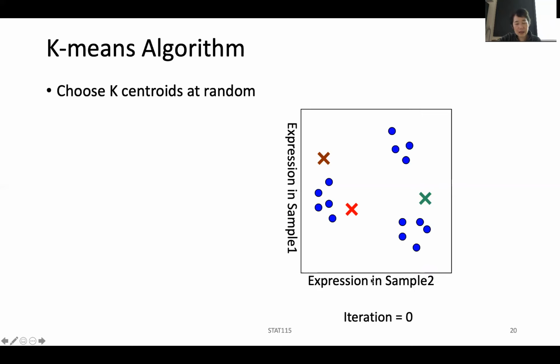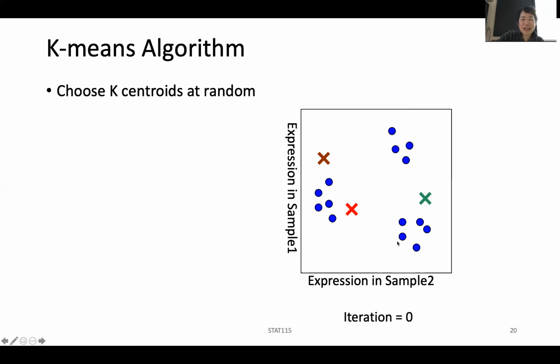So the x-axis is the expression of this gene in sample 2, and the y-axis is the expression of this gene in sample 1, and we are trying to cluster genes based on the distance between the 2 samples. You can imagine in reality, we might have a lot more samples, and also too many genes. But let's just look at this in a 2-dimensional way.